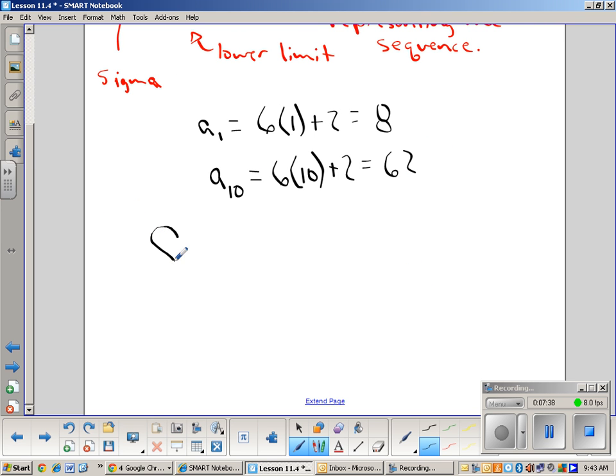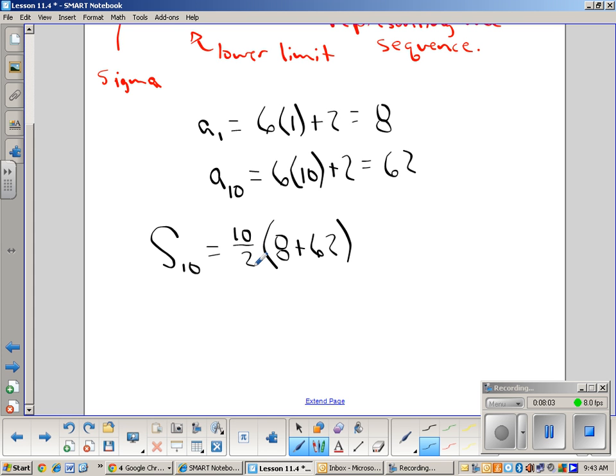And so if I want to find the sum of the first 10 terms, (62 plus 8). Okay, you're saying times it by 5 because of this, right?